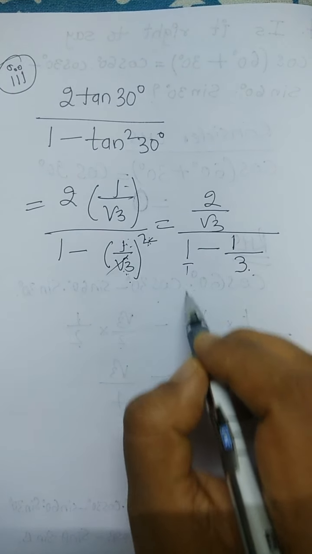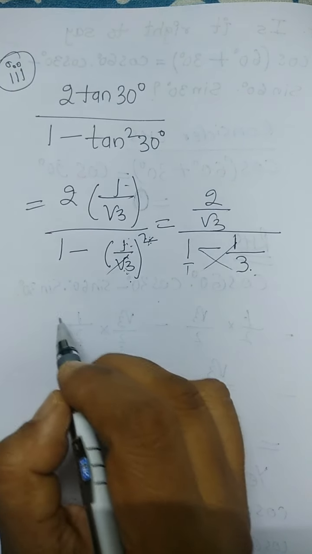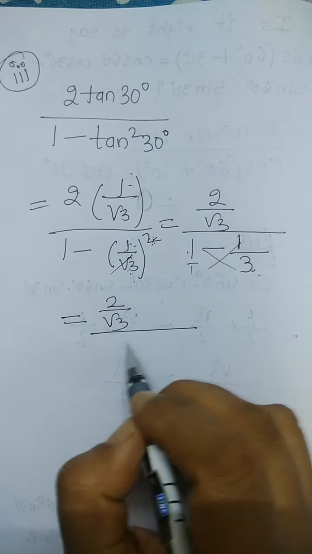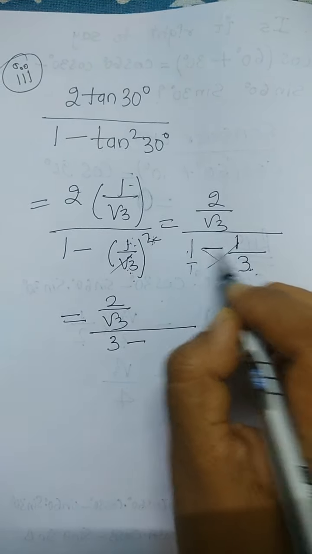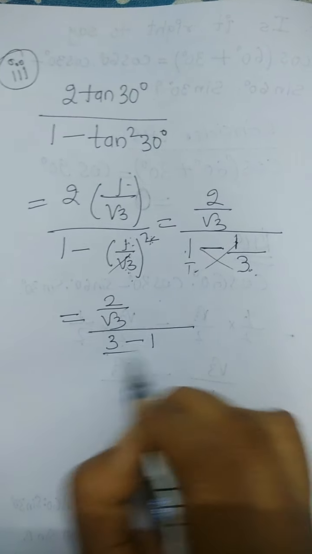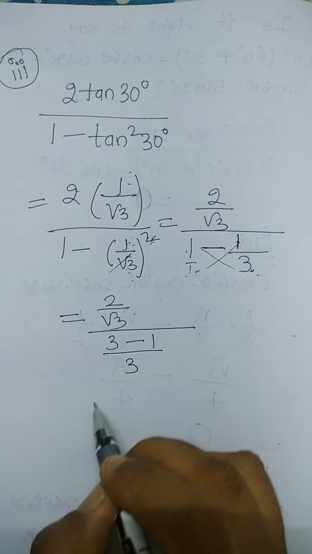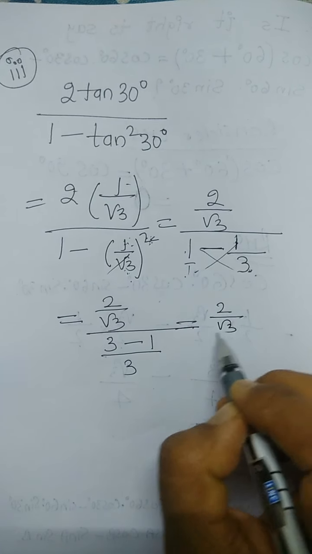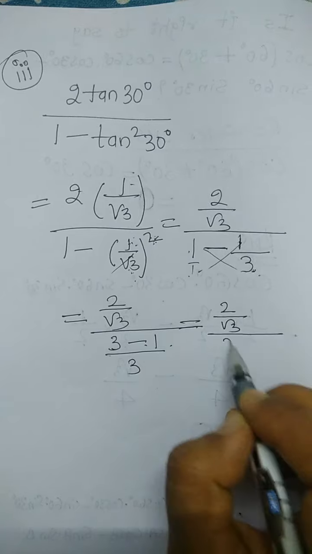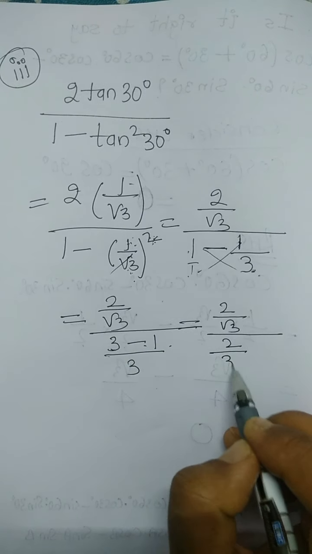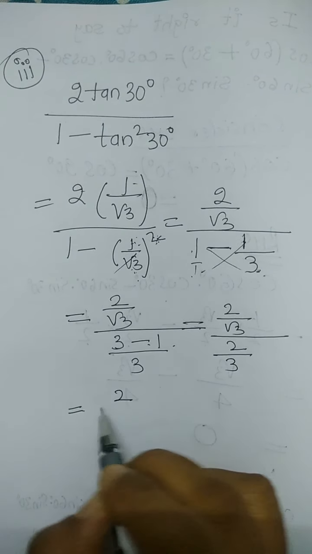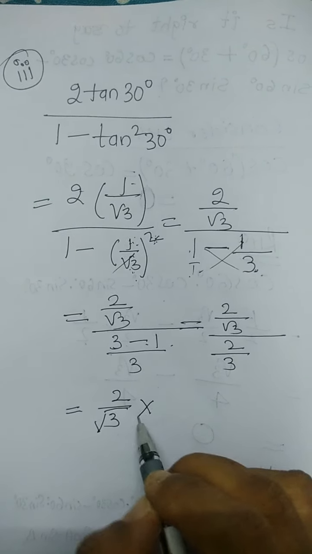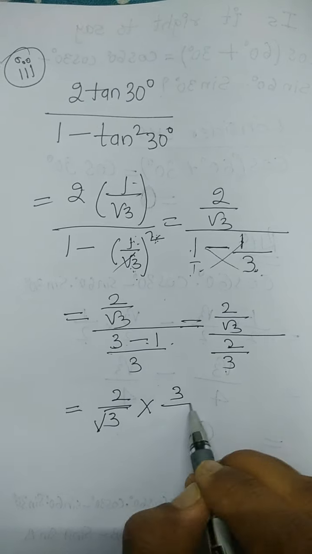Now here nothing means 1, so you should cross multiply. So you will get 2 upon root 3 whole upon 3 minus 1 upon 3, which is 2 upon 3. So 2 upon root 3 divided by 2 by 3.